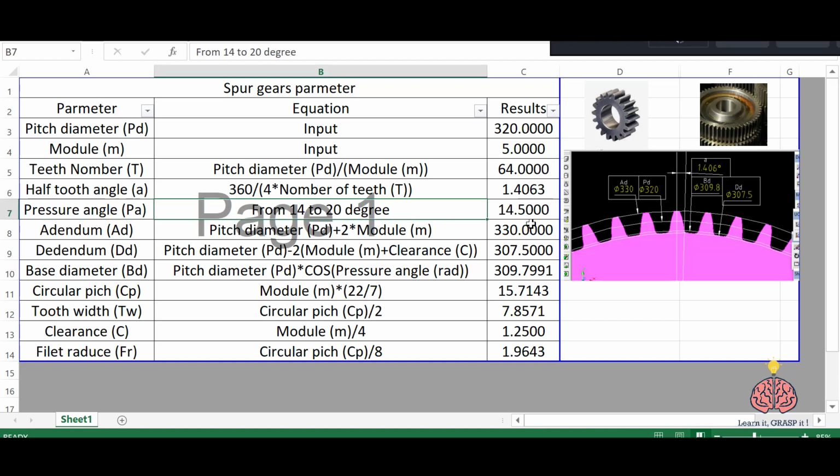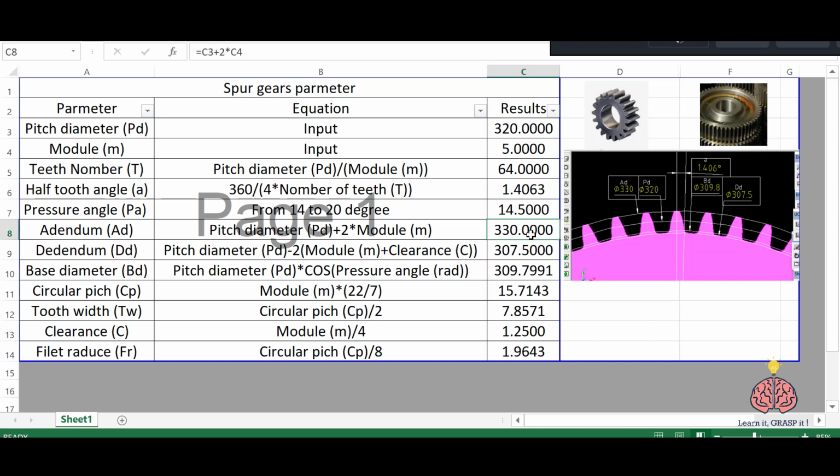Pressure angle, we choose it. We use this pressure angle when we calculate base diameter, equal pitch diameter multiplied by cosine pressure angle. The base diameter, as in this picture, is bigger than the dedendum circle. All this works, as we see, with equations.